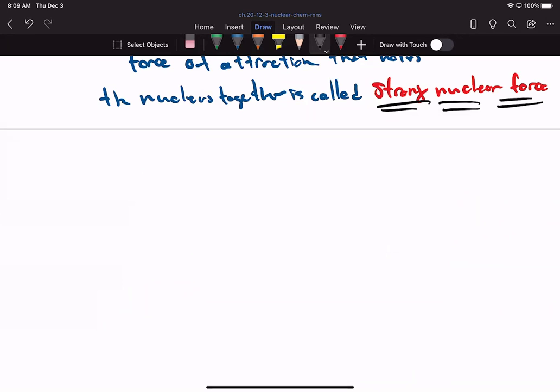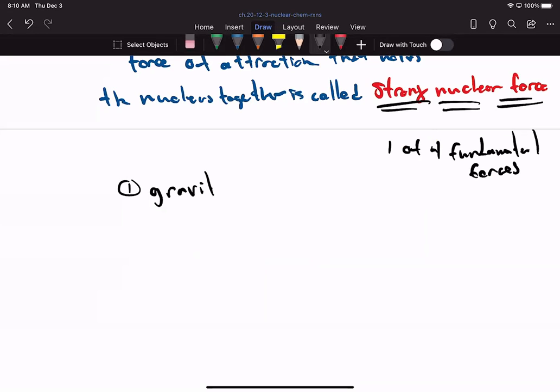The strong nuclear force is simply one of 4 fundamental forces. The 4 forces are in no particular order, it's not like one is better than the other. One is gravity.